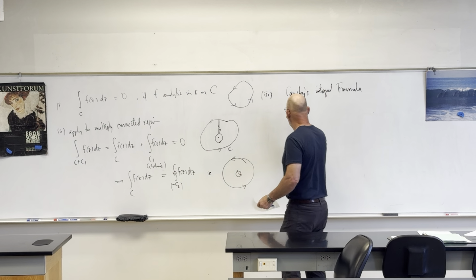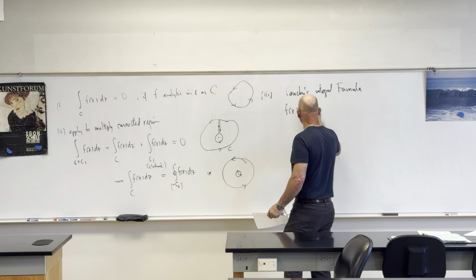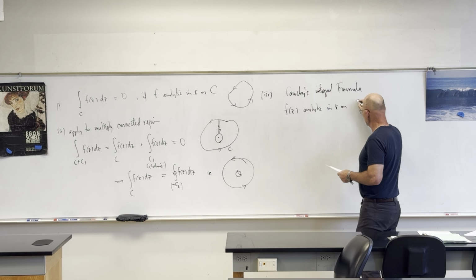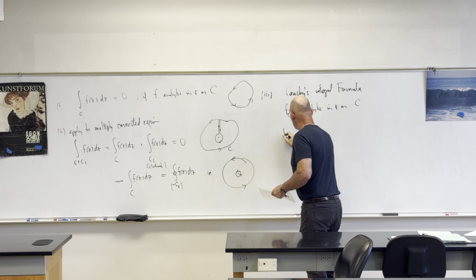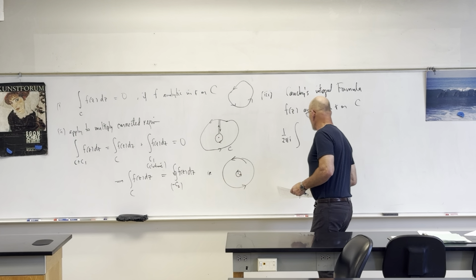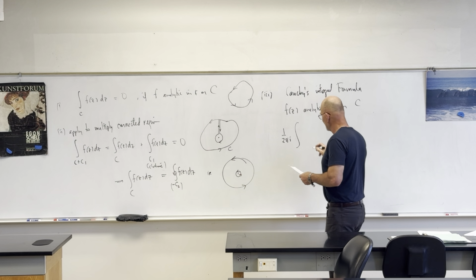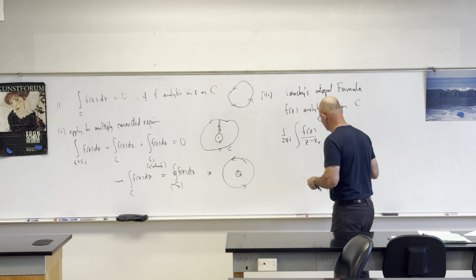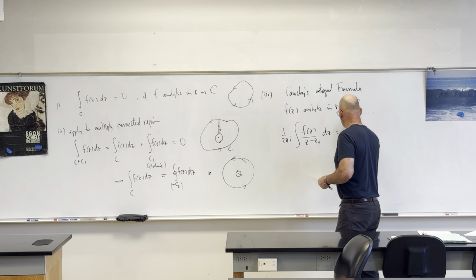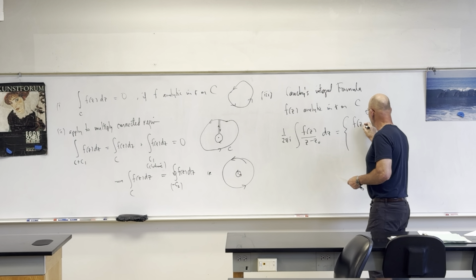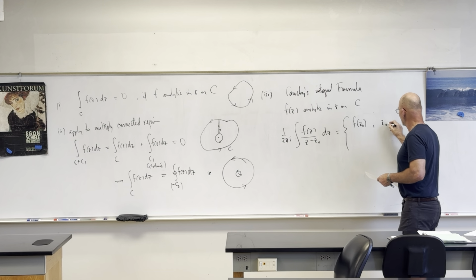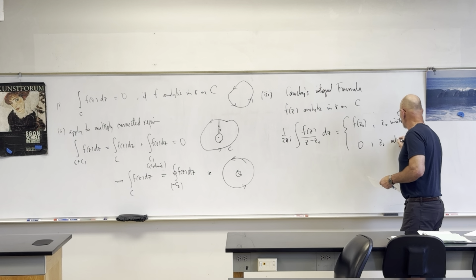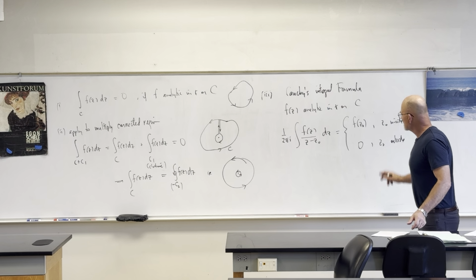If f(z) is analytic in and on C, and again, this is now a different function, because f(z) over z minus z naught integrated over C is equal to 2 pi i f of z naught if z naught is inside, and it's equal to 0 if z naught is outside. So this is the one we can use again and again.